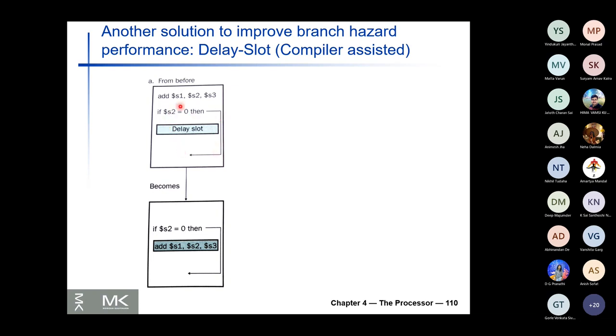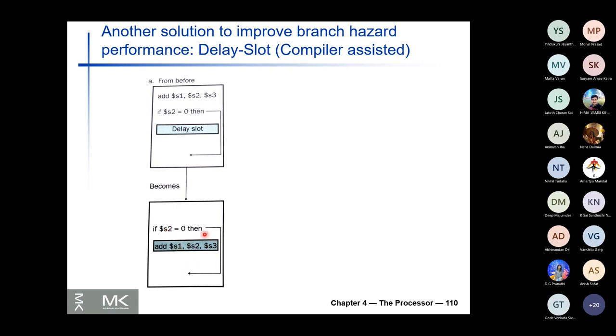As I said, even in the presence of the hardware and with prediction, you may have to incur one delay, right? One stall may be necessary if the branch is taken. So what we do is, suppose there is some instruction which does not depend on this branch, and it is somewhere here, you can bring it here, like this.